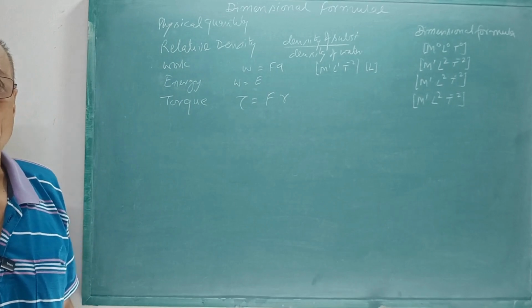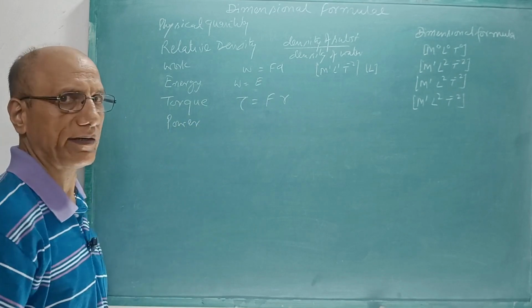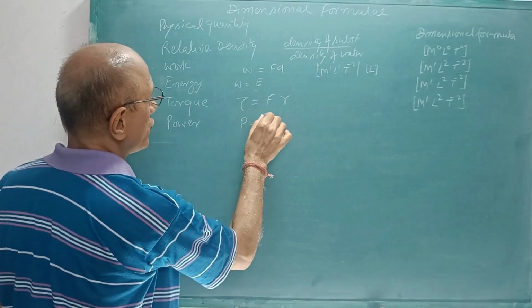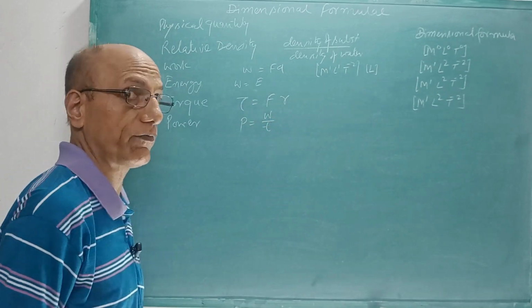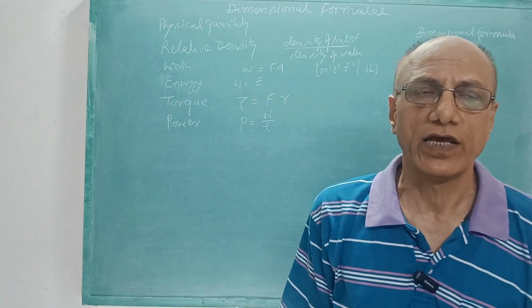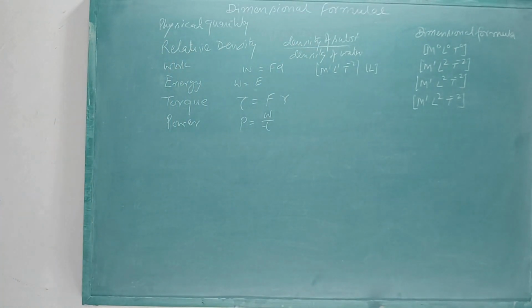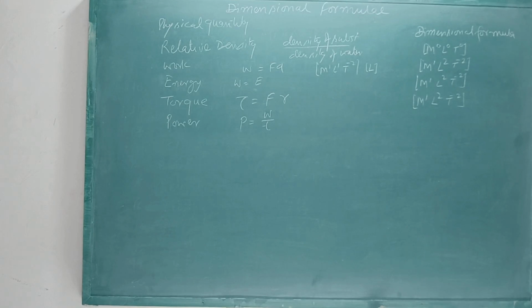Now we can go for the power. P equals work upon time. Rate of doing work is the power.